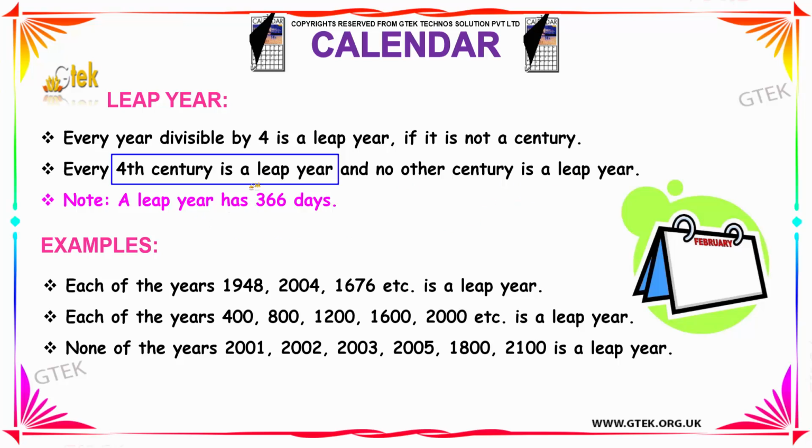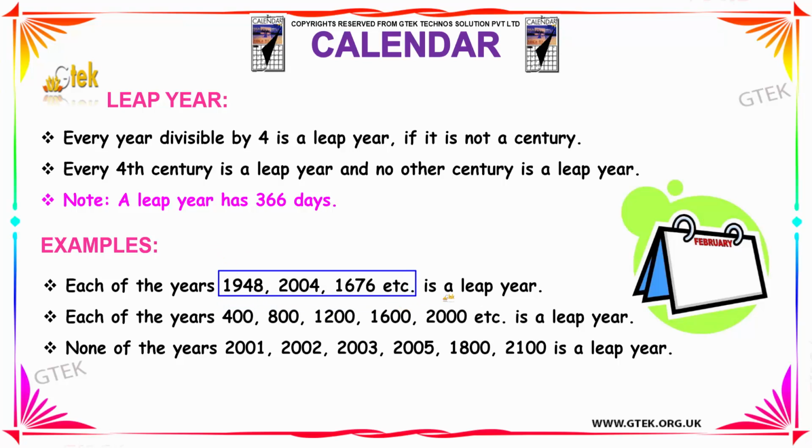A leap year has 366 days. So, if you see, the years 1948, 2004, 1676, etc. are leap years. These numbers are divisible by 4, hence these years are leap years.